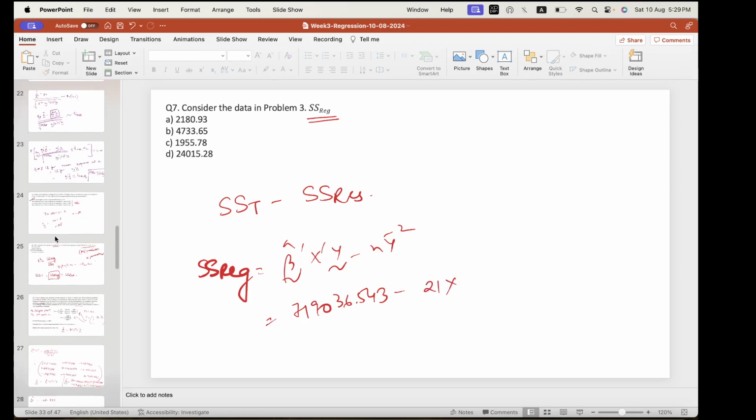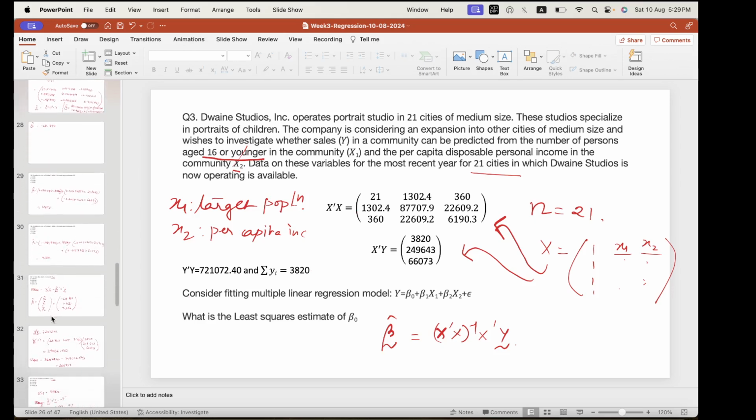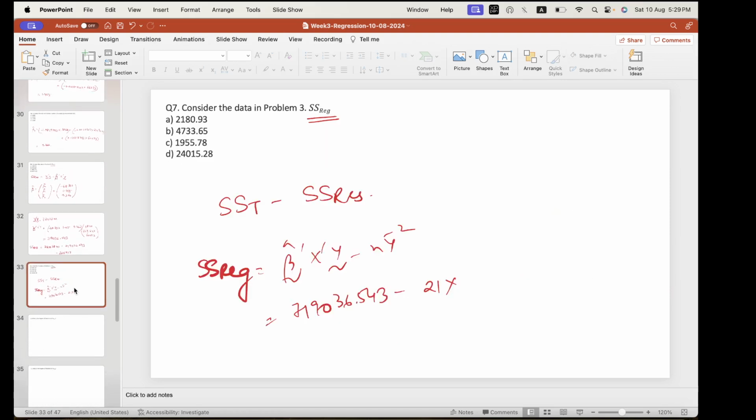Now what is Y bar? Y bar is given here. So summation yi is 3820. So Y bar will be how much? Summation yi equal to 3820. Y bar will be 1 by 21 summation yi. Okay. So this would be 21 into Y bar square. So it would be 3820 by 21 whole square.